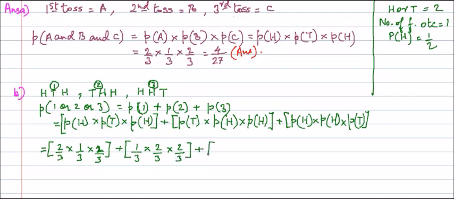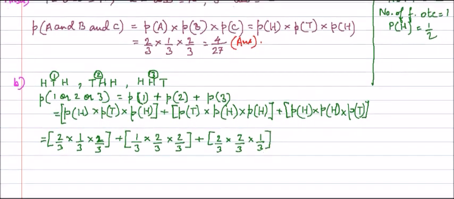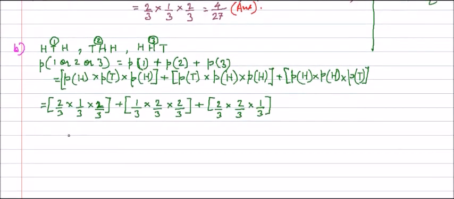Plus again 2/3 into 2/3 into 1/3. So this is equal to 4/27. We'll be having 4/27 for the second case and the third case as well.